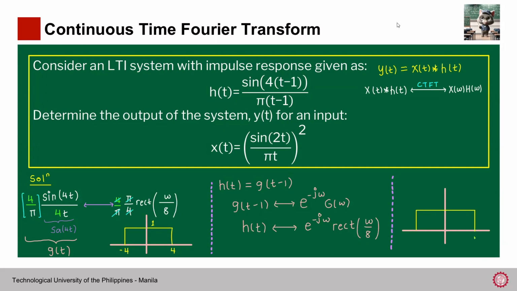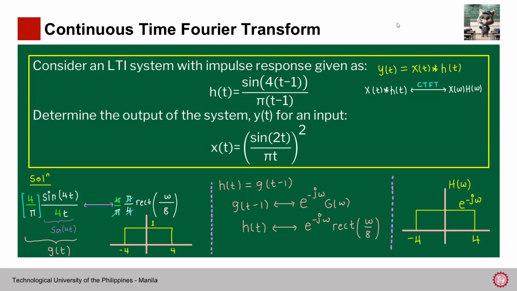So, this is 4, and this is minus 4. But the amplitude is e raised to negative j omega. So, this is your H of omega. Tandaan nyo yung drawing, guys, kasi re-recall natin yan later.